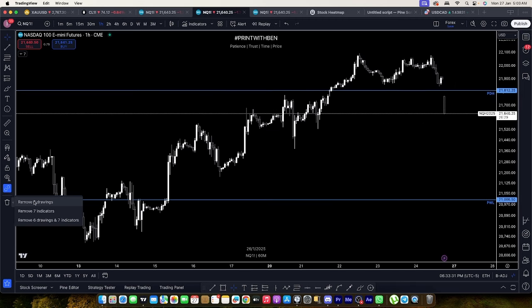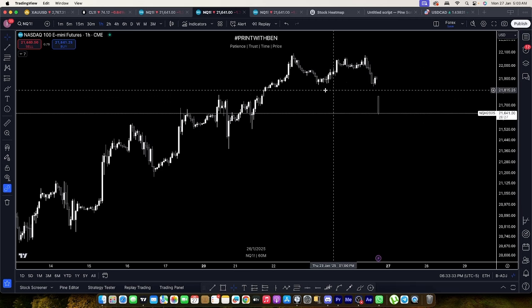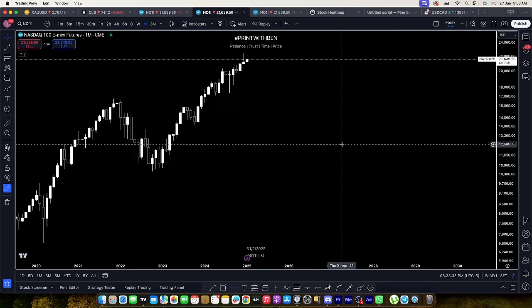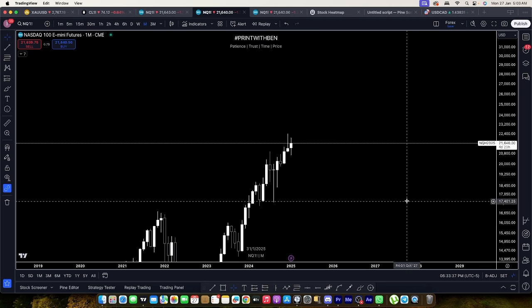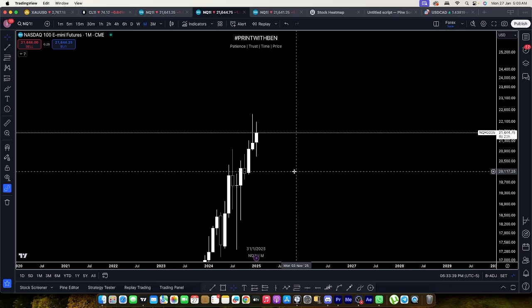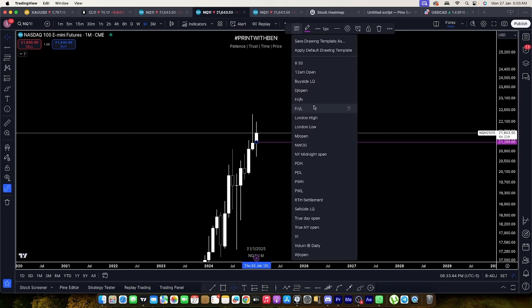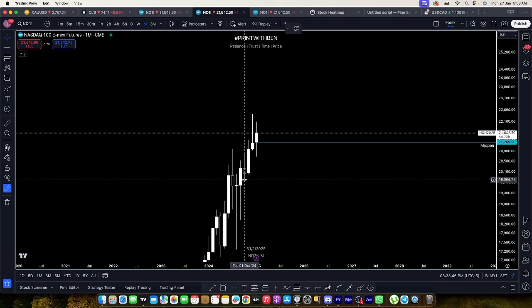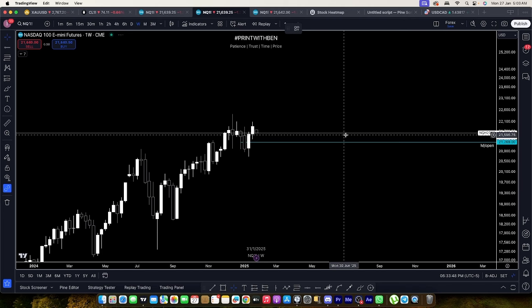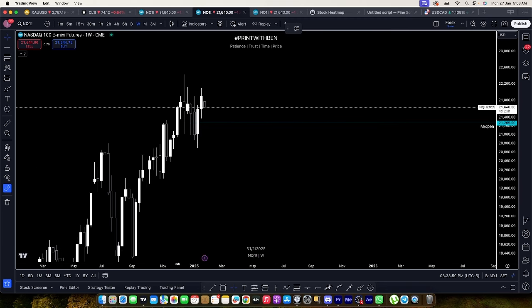Boom, that's NASDAQ right there. Wow, it's already open. Okay, NASDAQ on a top down analysis. Let's mark out the key levels. That is my monthly open, and from there let's get into a weekly time frame.